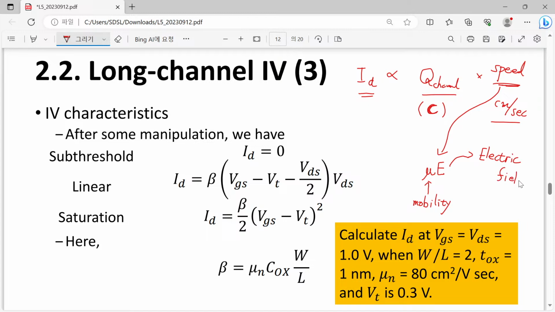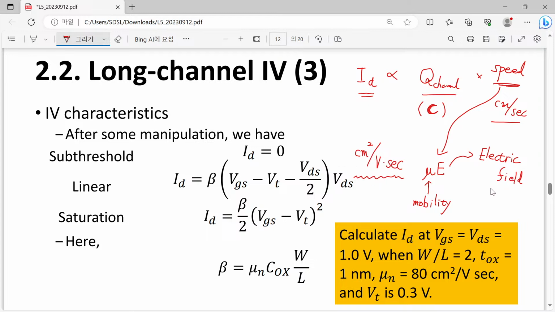Let me just consider their units. In the case of mobility, it has its unit like volt per second. Maybe at first glance it is difficult to remember, but please try to remember it: square centimeter per volt second.